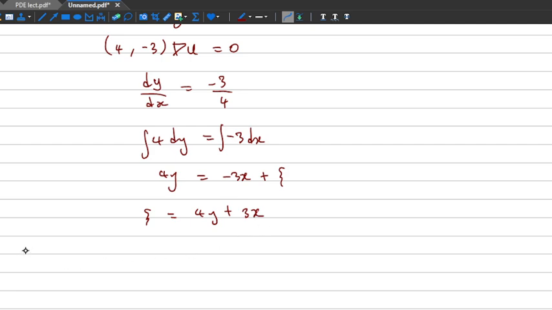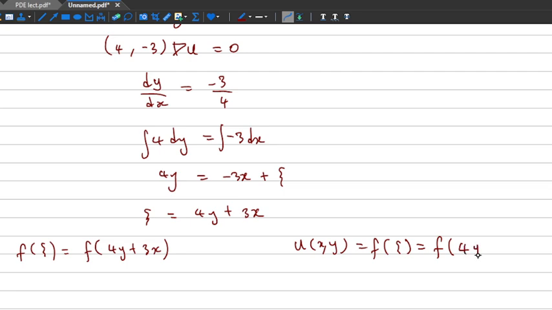Okay, meaning that f of psi will be equal to f of 4y plus 3x. Remember, u of x comma y is equal to f of psi, which is just f of 4y plus 3x.